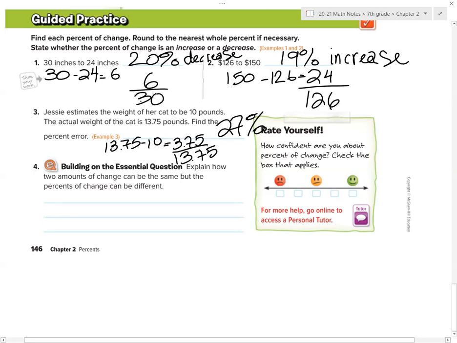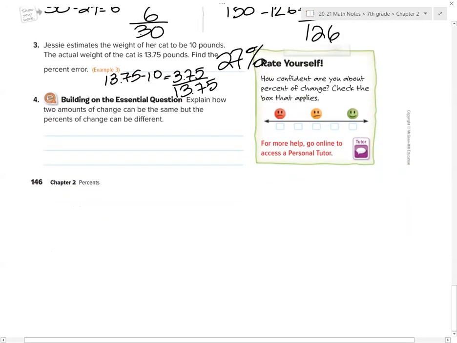All right, so how can the amounts of change be the same, but the percentages be different? It's going to be different denominators. With estimations, you put the actual number in the denominator. Good question.